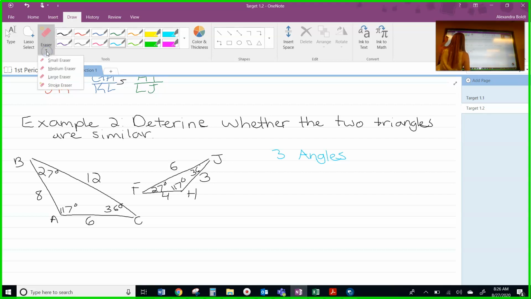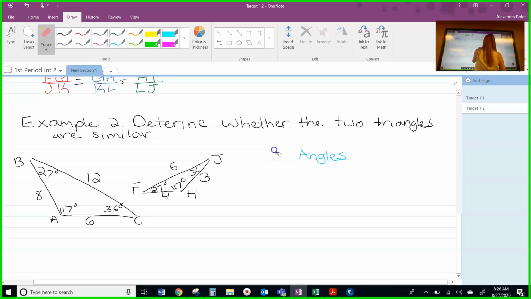So I guess I'm going to put all angles instead. We have to show right now that all the angles match. So I start with angle B. It's 27 degrees. Well, I should be able to see that that goes with angle F.